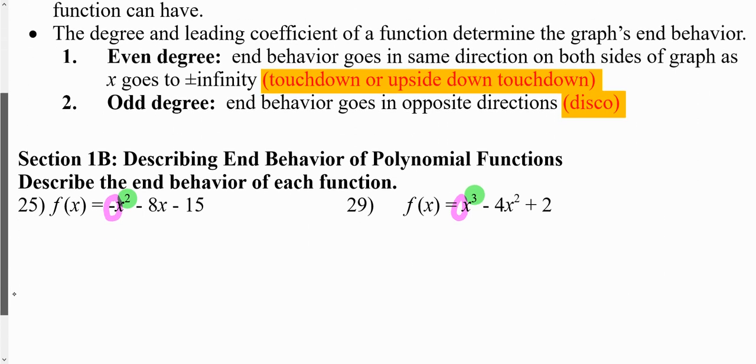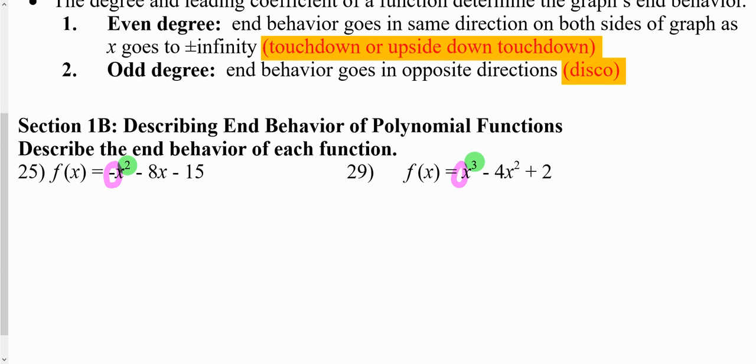Now, from what we're looking at on that other page, we know that because it's an even degree, it's either like this, but it would be like this if it was a positive in front. So we know it's not that. Or it would have to be like this, which we know is the case because we have our negative in front.